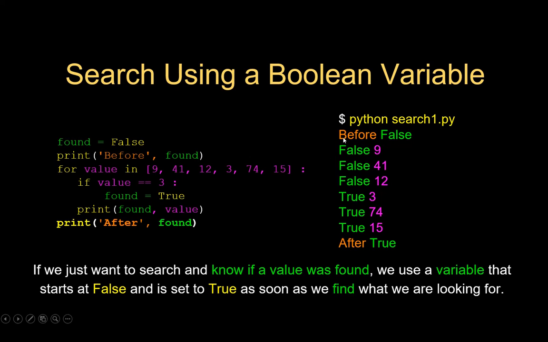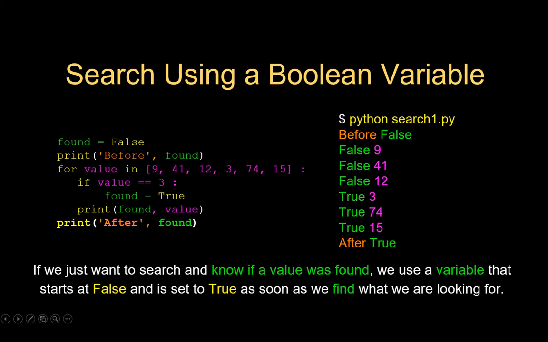So we're going to have before and false. So for this loop, if the value is equal to 3, then we're going to change our found to true. So basically, this piece of code is saying that if we find number 3, we're going to change our found variable, which is a Boolean, which has true or false, to true.